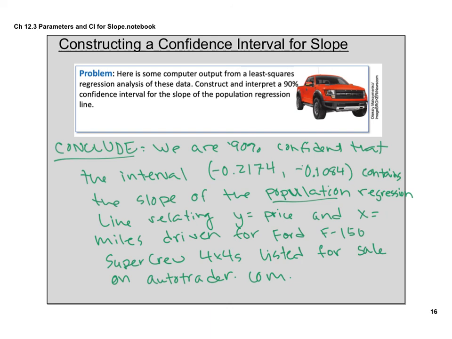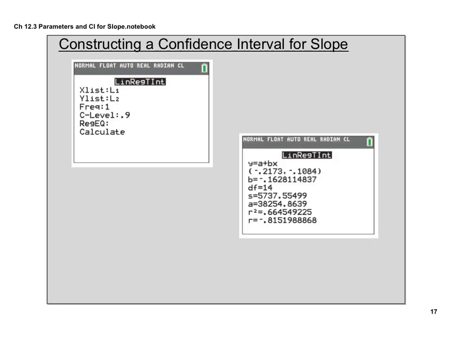Now, like any other good statistical analysis, we can use our calculator to help us. In your calculator, remember how I said you had your data? Pop that X data into your L1, pop that Y data into your L2, and then you've got LinRegTInt as one of your options.